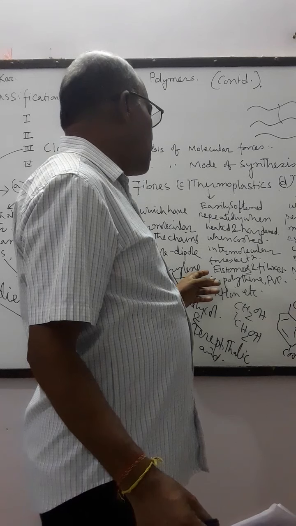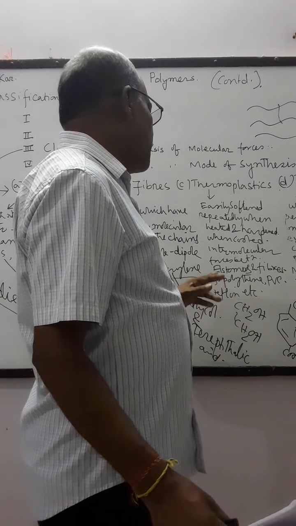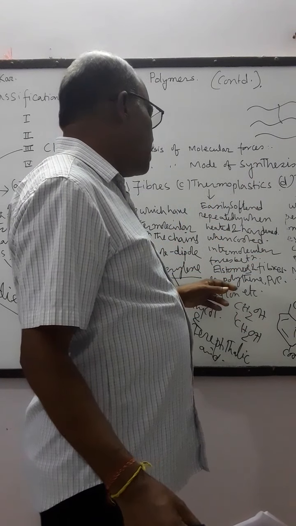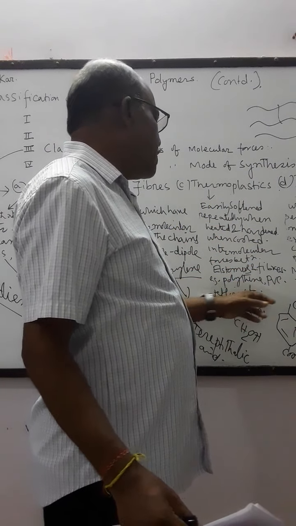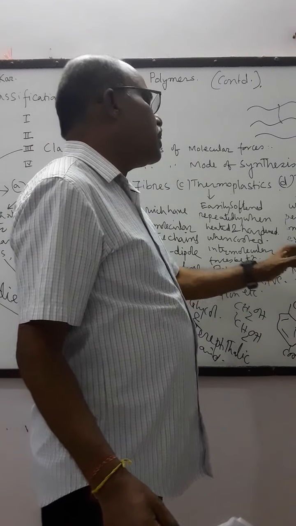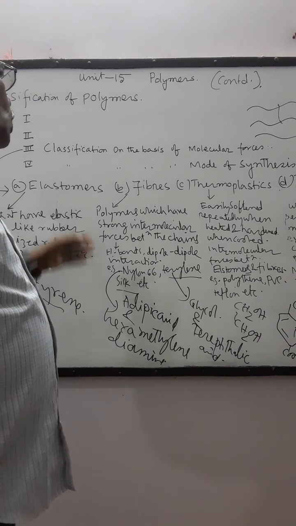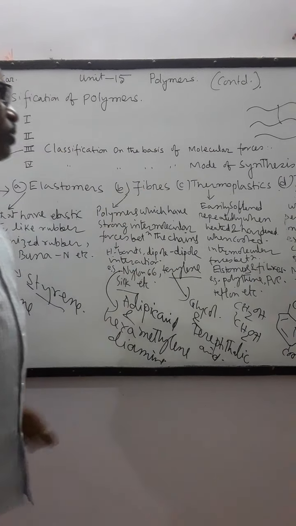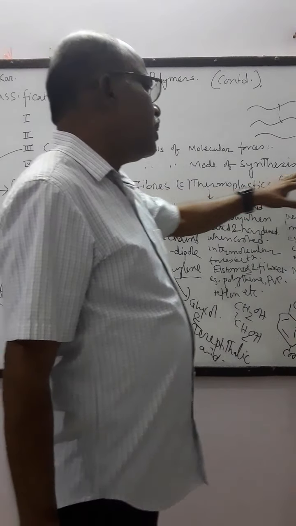In case of thermoplastic, generally they contain repeated units, that is straight chain, there is no cross-linking, but here cross-linking takes place.